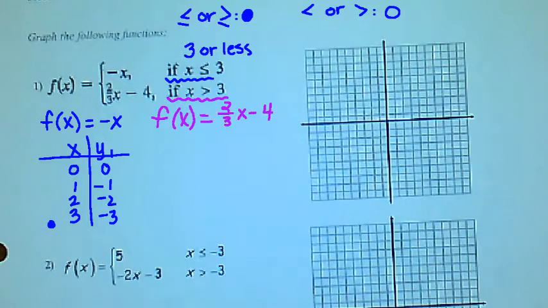We're going to plot those points: 0, 0, 1, negative 1, 2, negative 2. And I want you to exaggerate the dot a little bit, so make that kind of a big circle.